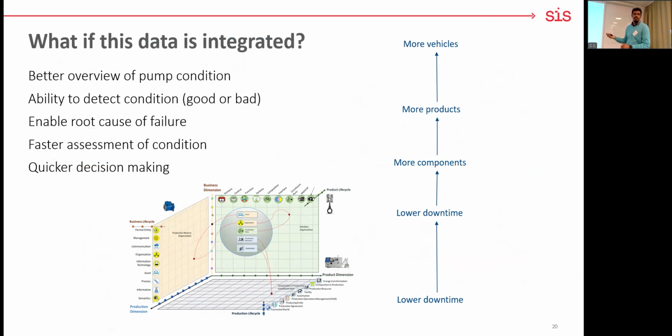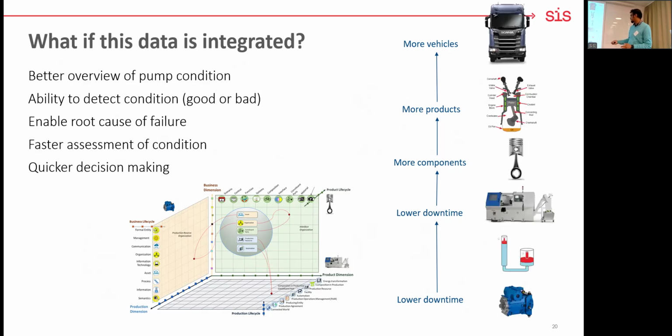Ability to detect, as I said, good or bad, enable root cause analysis, why this is happening, and better assessment of conditions so that we can make quicker decisions to reduce the downtime at the component, and reduce the downtime at the system level. More components, more products, and more vehicles, and customers will be very happy.